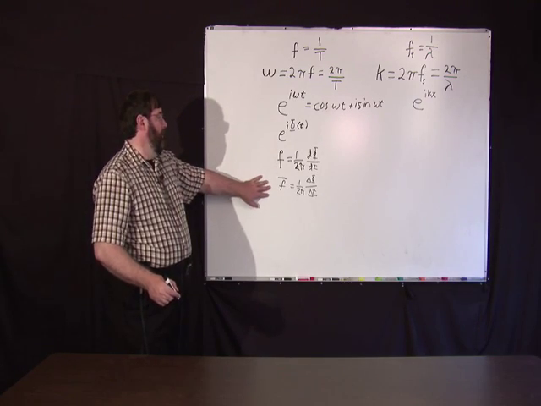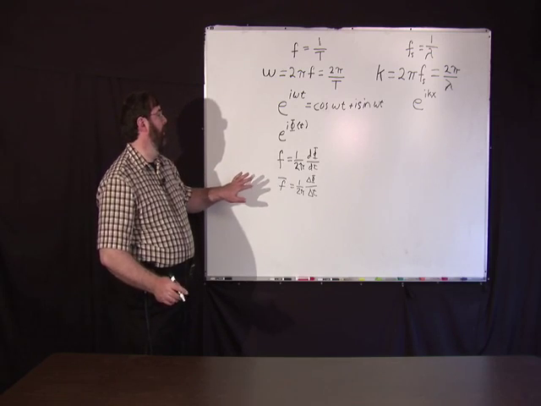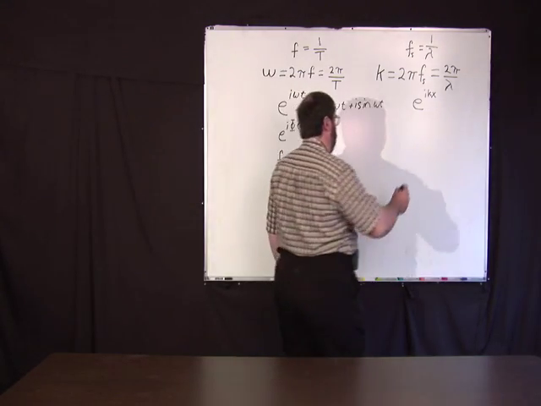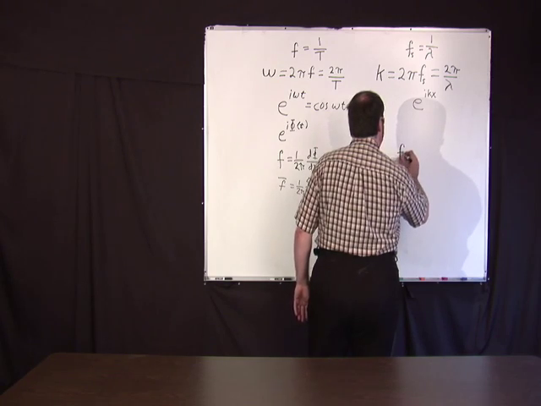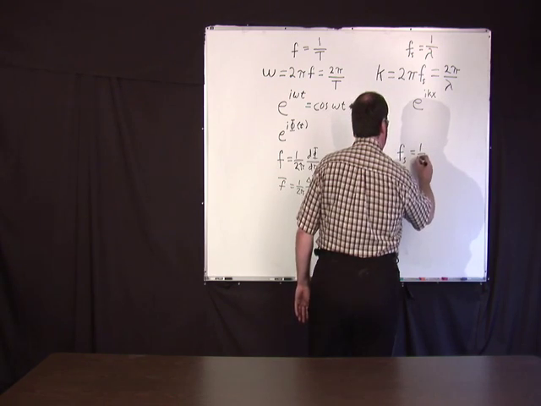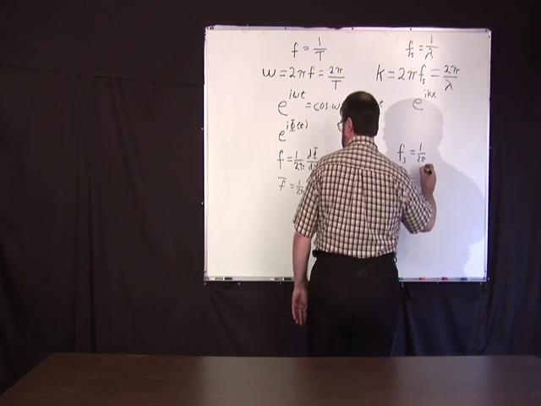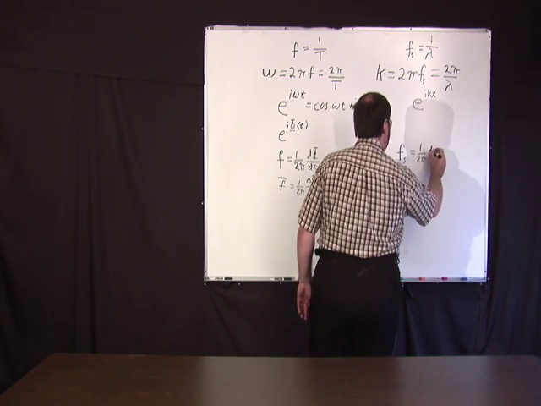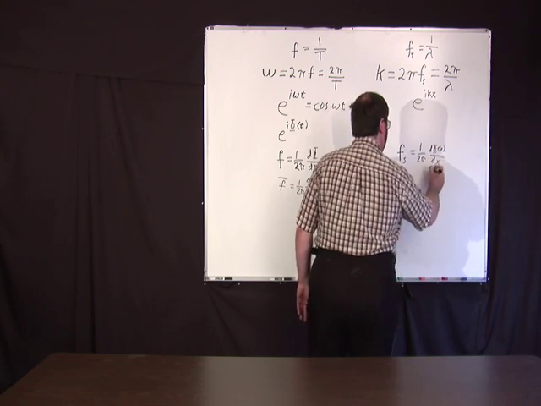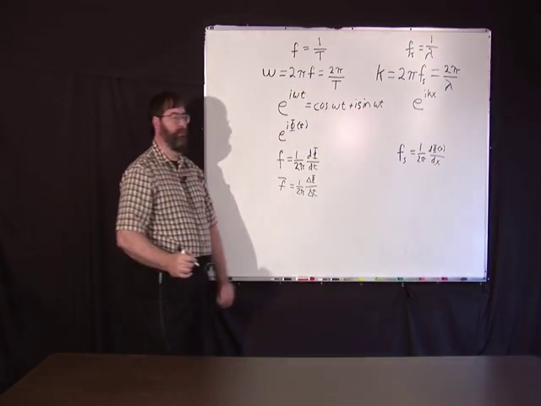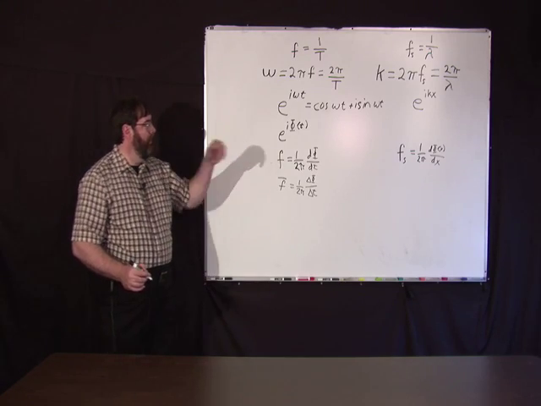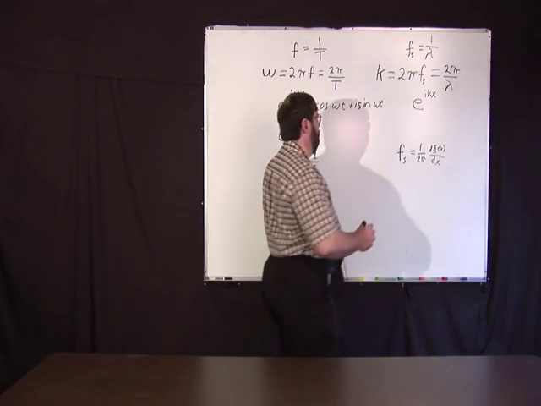You can actually do the same thing with the spatial frequency. You can talk about the spatial frequency at a point in the same manner, 1 over 2 pi, d phi of x dx. That gives you the spatial frequency at a point. And if you want the wavelength, you can do a little math here.